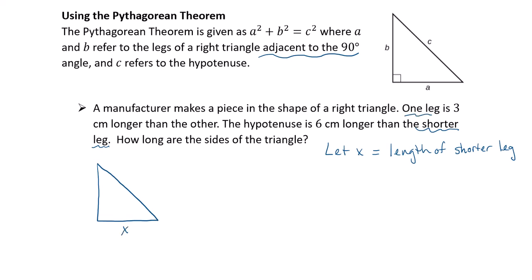And it says one leg is 3 centimeters longer than the other. So this will be this other leg, x plus 3. We're going to let x plus 3 equal the length of the longer leg.